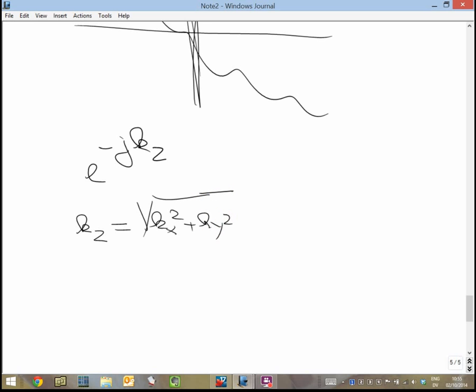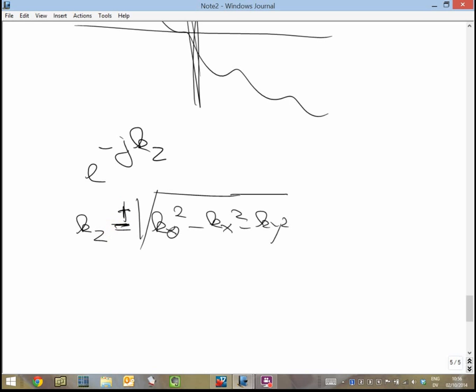So there's also a square root involved here. There's the magnitude of K in vacuum, and in order to calculate Kz from Kx and Ky, there's a relationship between these, and there's a square root involved. Of course, you could pick the plus sign or the minus sign of that square root.